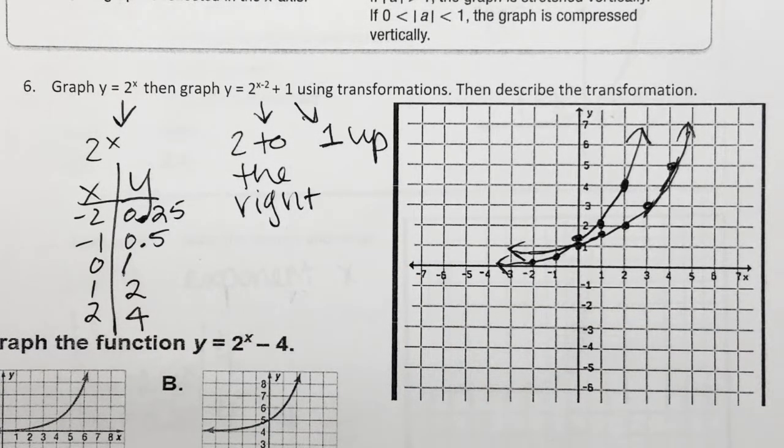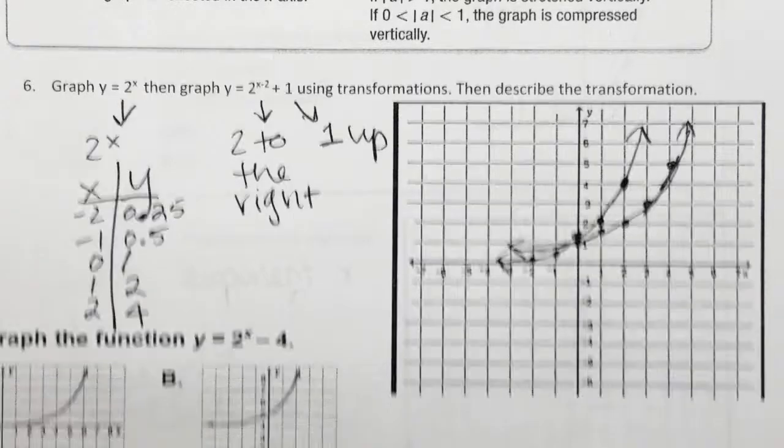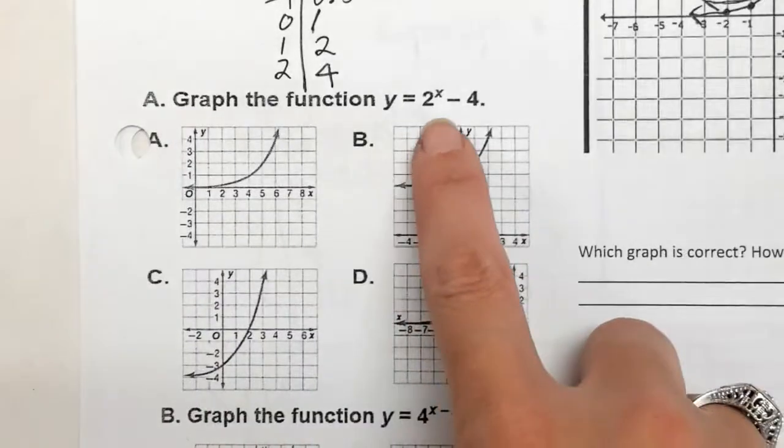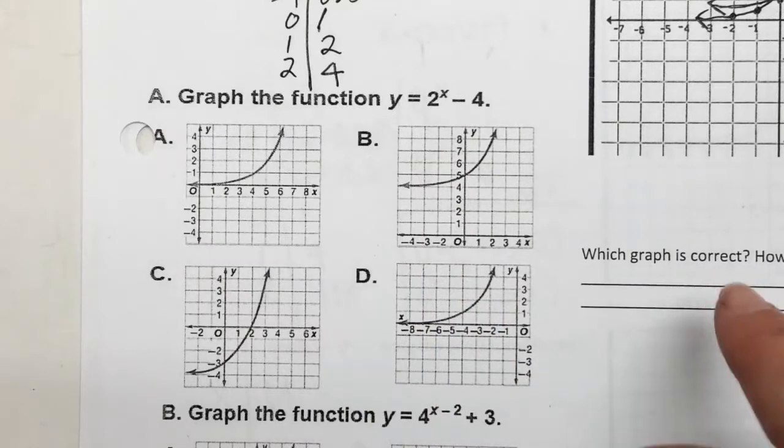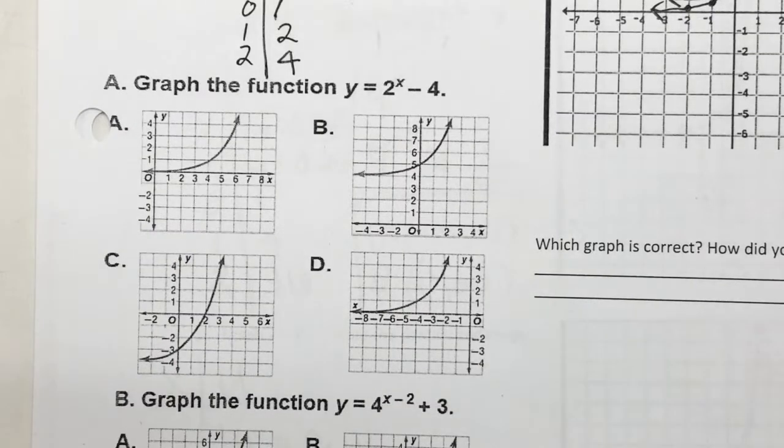Alright, now I want you to take a minute to do A and B on your own. I want you to circle which one of these graphs represents this, and then kind of explain how you knew that. Okay? Just circle the one that is this function, and then write out to the side how you do that. Same thing with B. And then we'll discuss which one it is and how we do that.